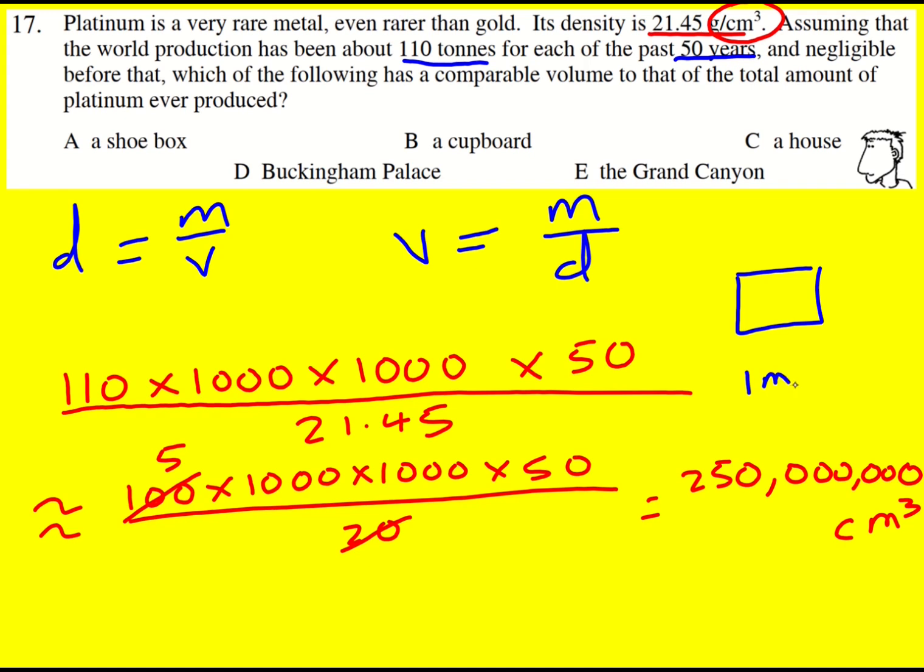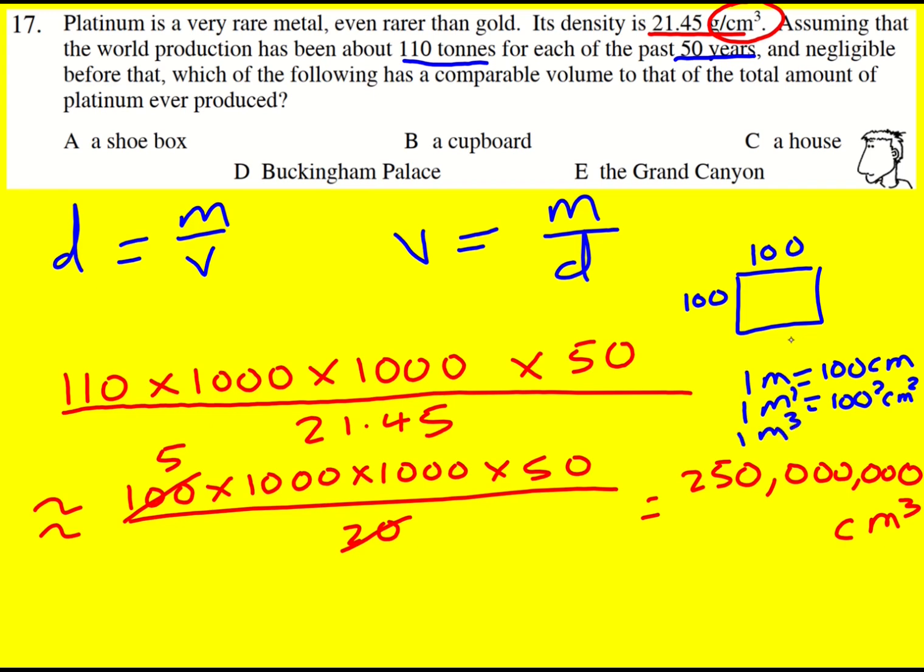Whilst 1 meter is 100 centimeters, when you start going up to area, for example, if you have 1 meter by 1 meter, that would be 1 meter squared, but then it would be 100 times 100 centimeters squared. So 1 meter squared is 100 squared centimeters squared. You have to remember not just to divide through by 100, going from centimeters squared to meters squared, but divide by 100 twice, or 100 squared.